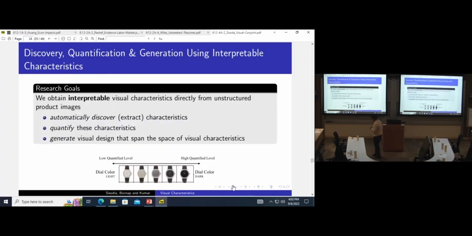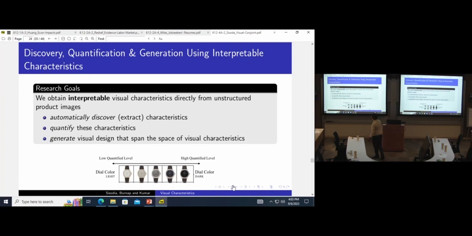So to come back again to our research goals, we wanted a method to automatically discover interpretable visual characteristics, and to also be able to quantify those characteristics. So these 2 goals were satisfied with whatever I've shown you so far. The third goal was to generate visual designs that span the space of visual characteristics.